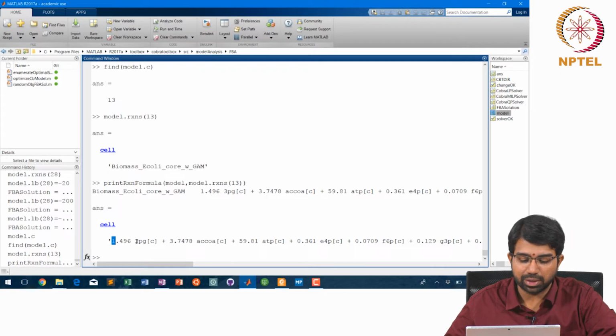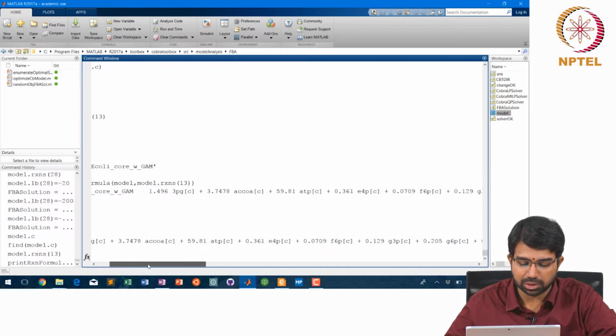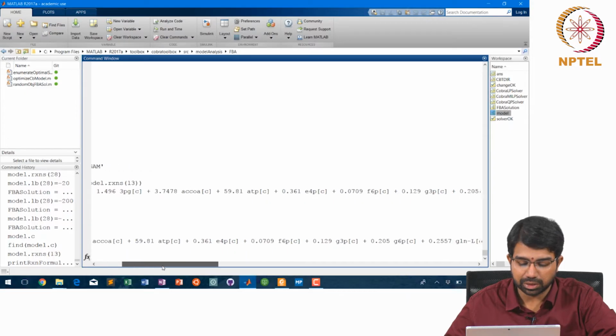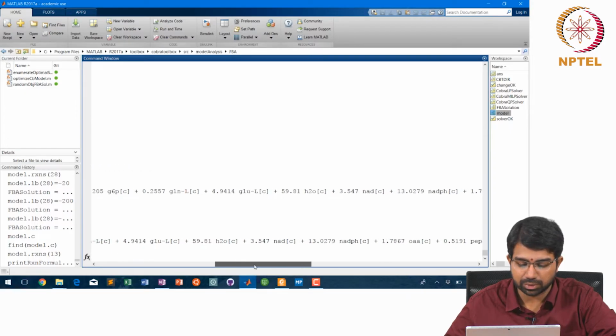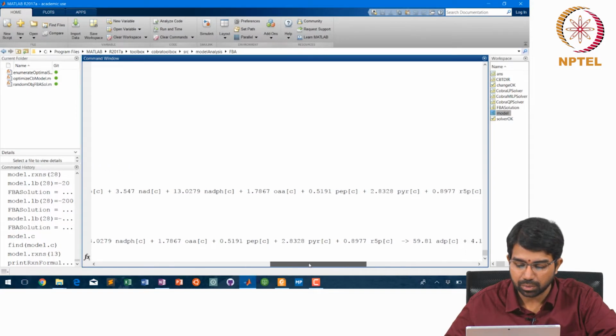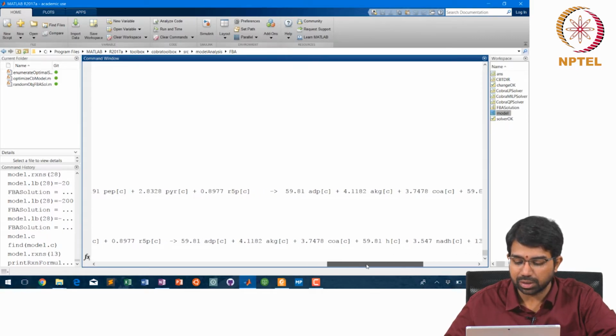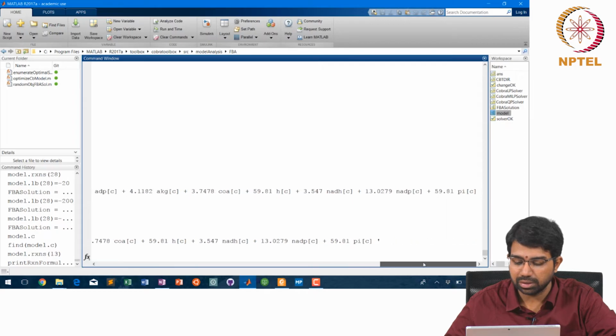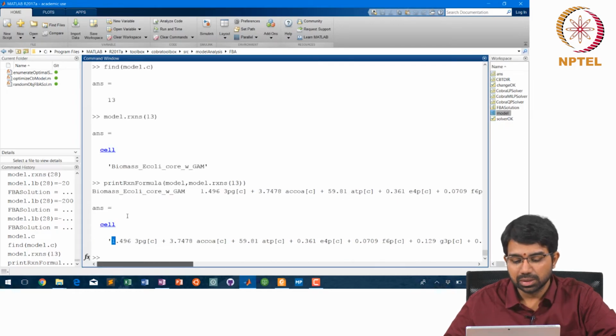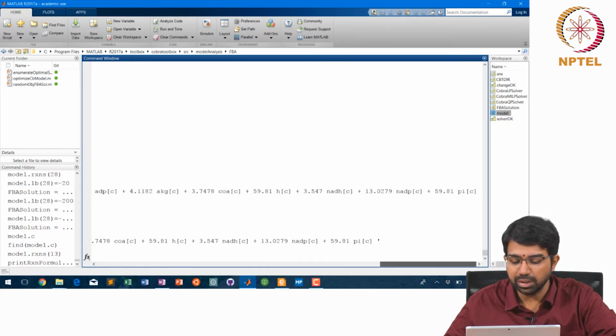It says 1.5 moles of 3-phosphoglycerate plus 3.75 moles of acetyl CoA plus 59 moles of ATP gives 59 moles of ADP, alpha-ketoglutarate, CoA, proton, NADH and so on. This is the fictitious reaction that is being optimized.